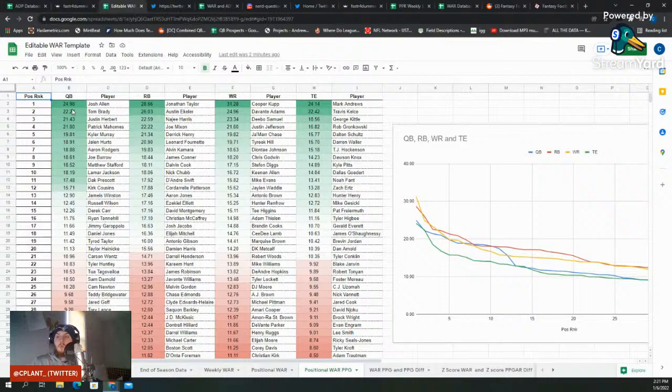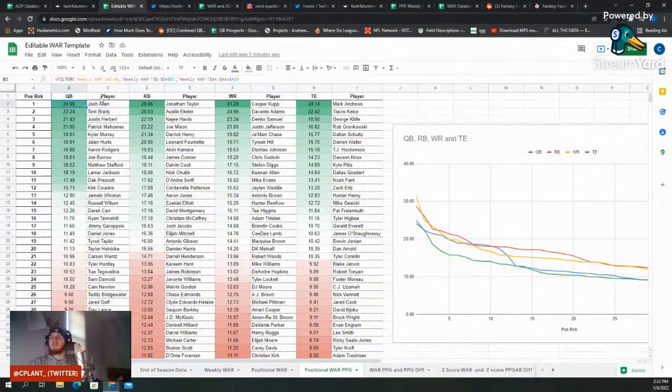So if you were to convert the wins above replacement to points per game, this is what it would look like. It's as simple as using the z-score and the standard deviation and average of both, and you can literally convert a statistic into another one. I don't know what that's called, or if that's statistically sound, but it's how I did it in terms of transferring it over to a different scale.